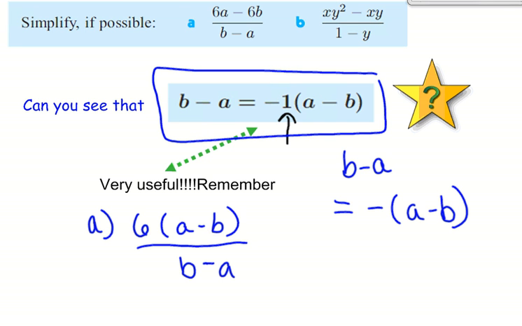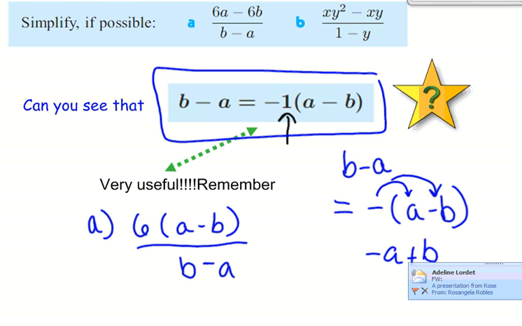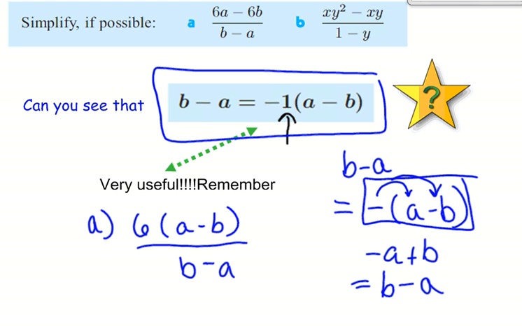And the way that works is, look, if we were to distribute this minus, we get negative a plus b, or in other words, b minus a. So these are equal to each other. So we can rewrite the denominator b minus a as a negative a minus b.